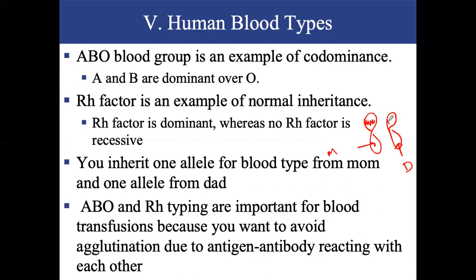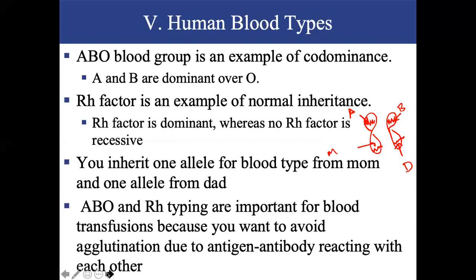Here's your code for your blood type, and then here's your code for your Rh factor. Okay, so if I have A here, and if I have B here, what two alleles do I have? I have A and B, so I'm going to display both A and B antigens on the surface of my red blood cells.